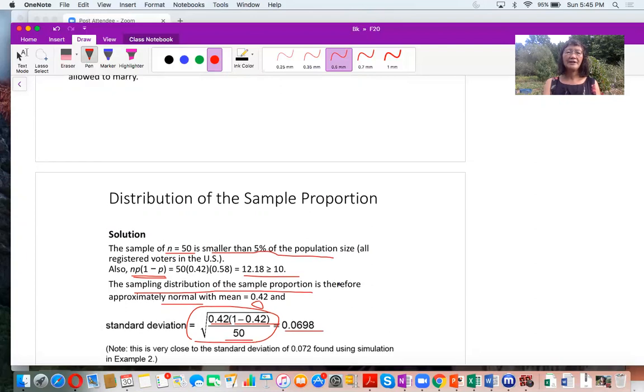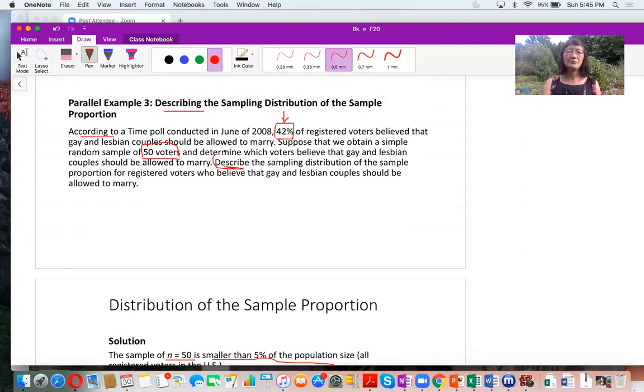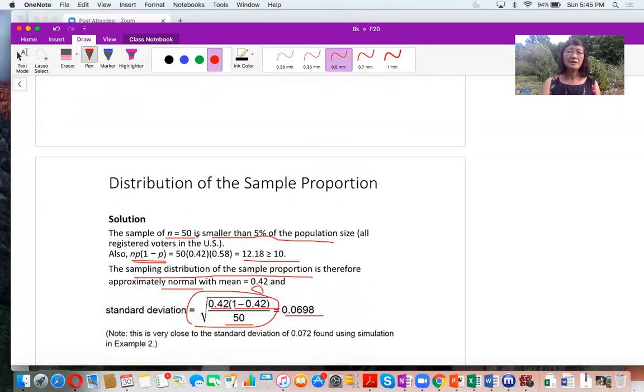So that is how you describe a sampling distribution. You need to say what the mean is and what the standard deviation is. Before that, you need to verify the requirements. Make sure the sample size is smaller than 5% of the population, and make sure n times p times 1 minus p is greater than 10.